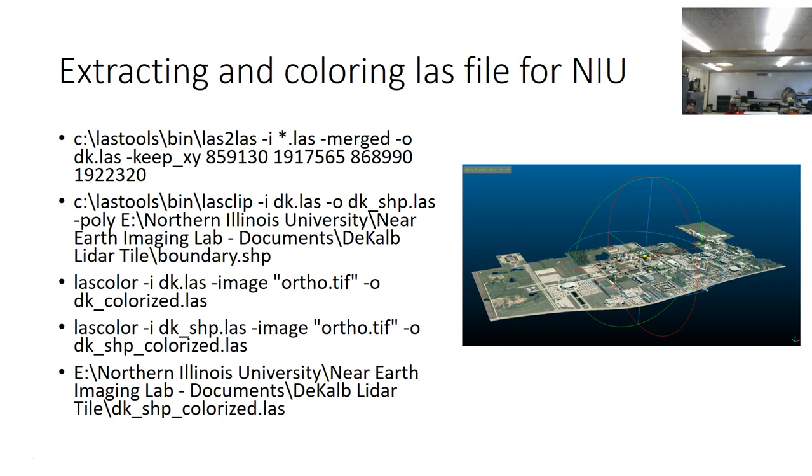And the dash merged matters, because if you did just this without the merged, this is really weird, it would do each one but write each one as the same file name, so it would overwrite. I've run into that before. It makes sense once you get used to it, but it's a little bit weird. But yes, you can do them all in a single step.